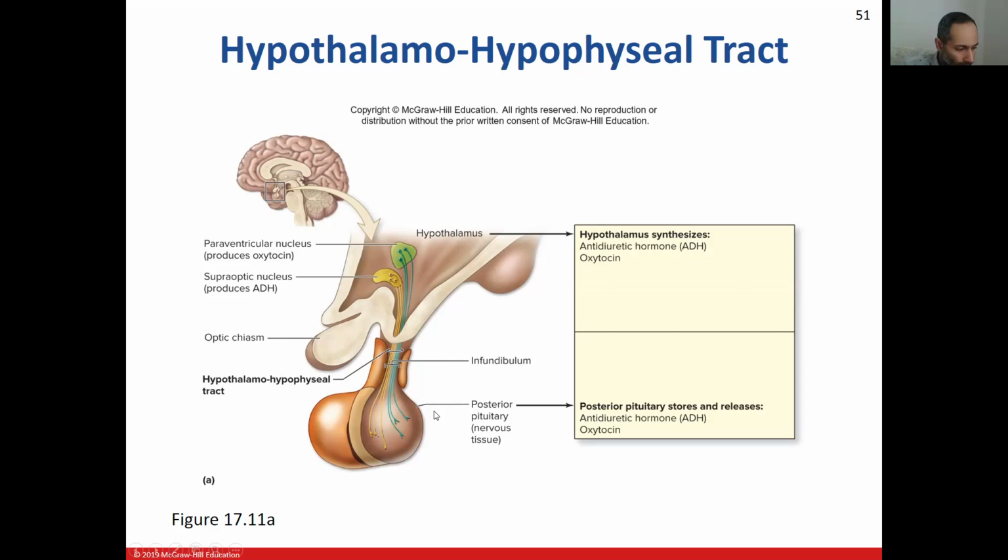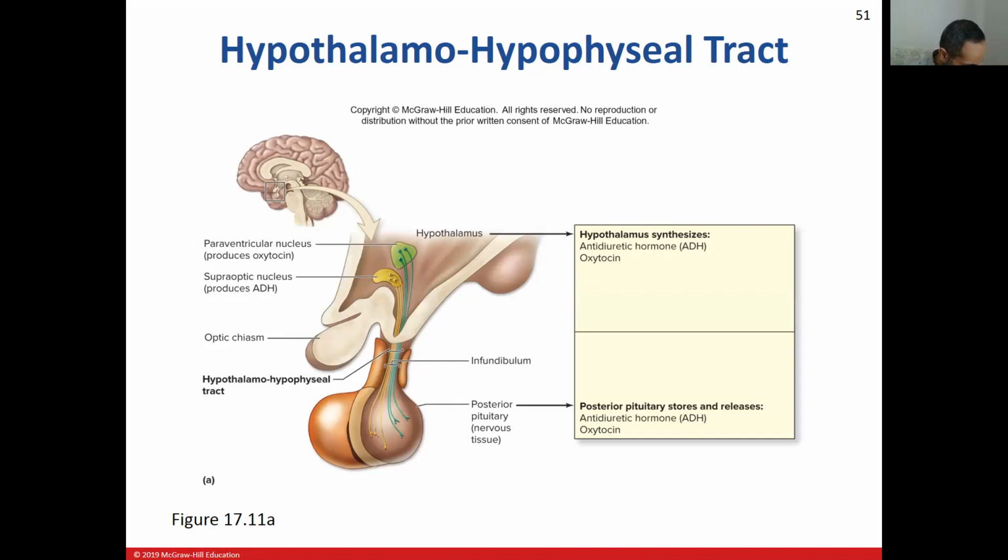Okay, now, the front pituitary gland is also called adenohypophysis, which means the glandular part, the gland part of the hypophysis, so of the pituitary gland. So let me write it down here. Okay.